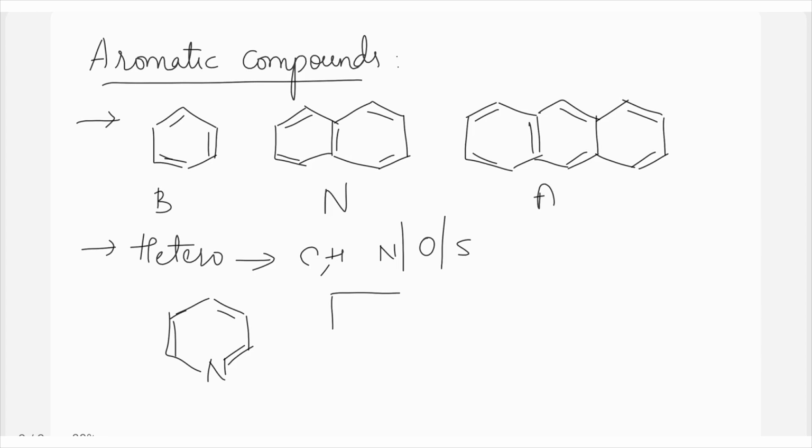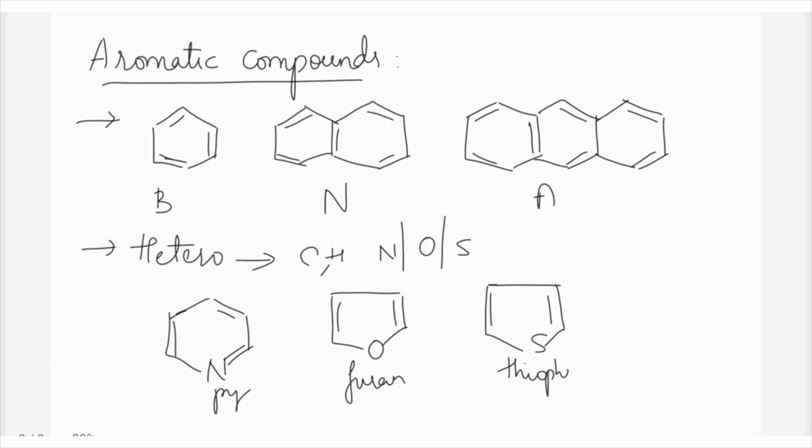Then there is oxygen in the ring, that is furan. This is furan, this is pyridine. Then sulfur heteroatom in the ring, that is thiophene. Wherever there is sulfur, we use the term thio. So this is thiophene. Then we have benzofuran, indole, imidazole, pyrazole, etc. There are many different aromatic compounds.